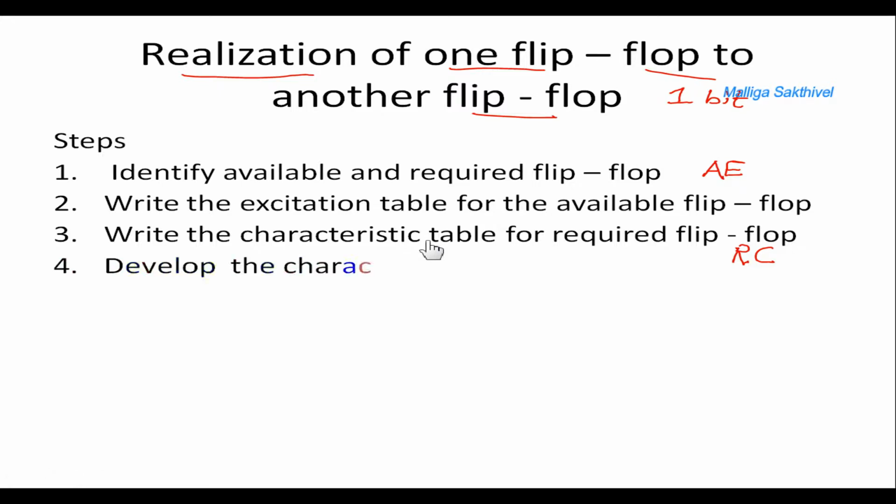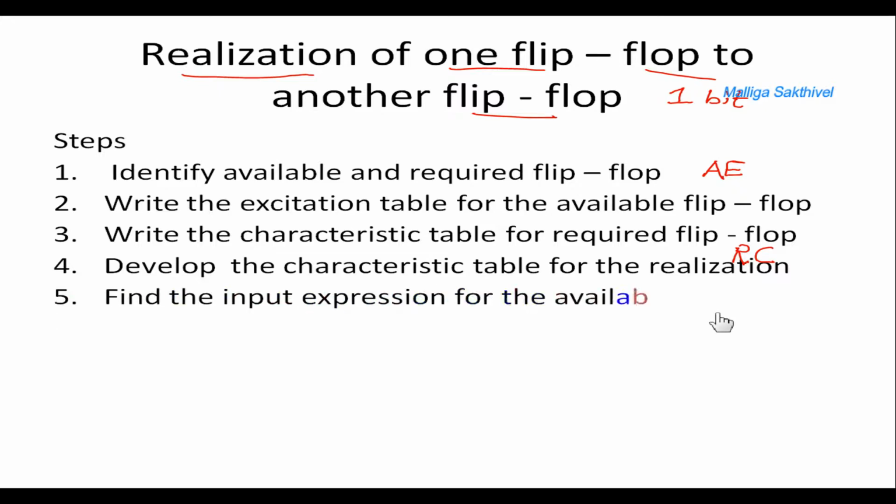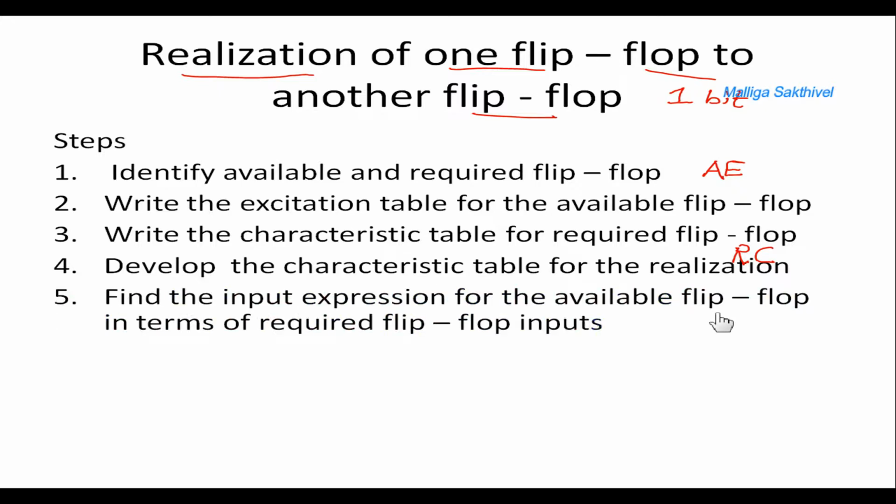The next one is to develop the characteristic table for the realization. The next one is to find the input expression for the available flip-flop in terms of the required flip-flop inputs. And the last step is to draw the logic diagram for our realization.